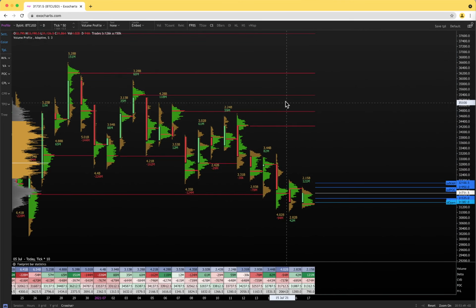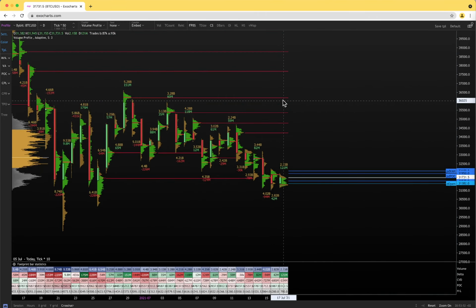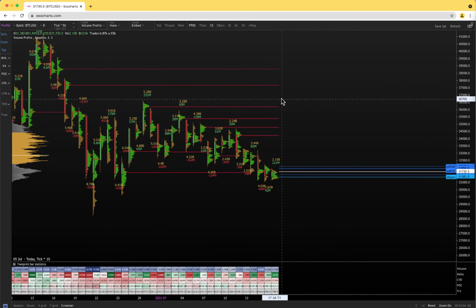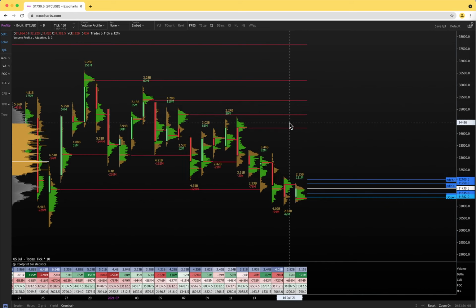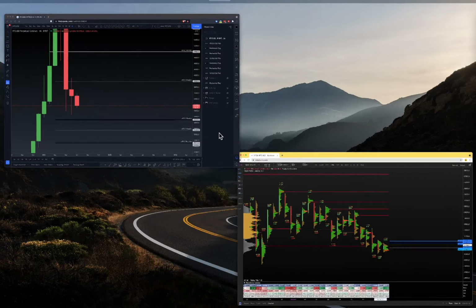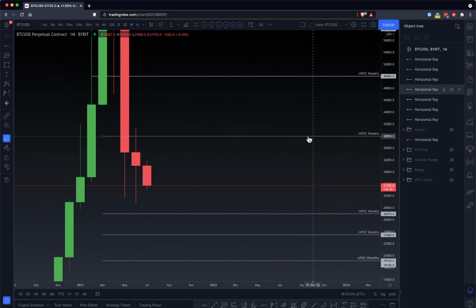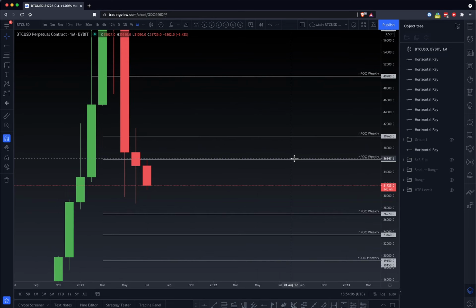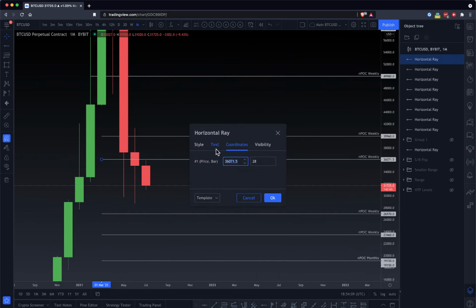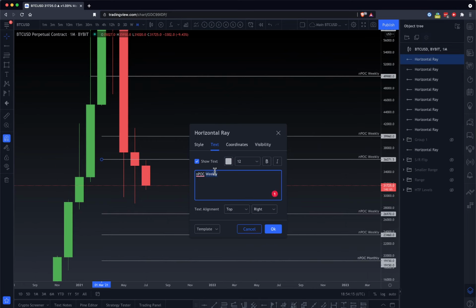Right now, all above us is just naked points of control, for days and days and days. The first one here is 34,205. These are the locals, so good for day trading, scalp trading, hedging.